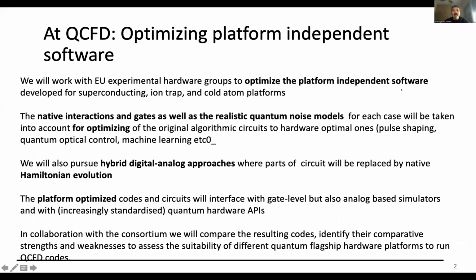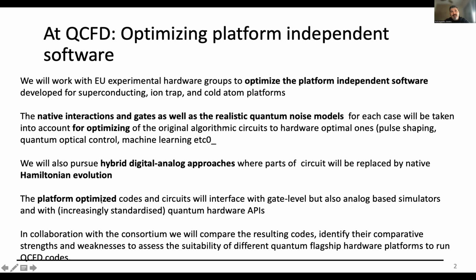So what we're going to do at QCFD, actually, the previous talk by Felix is very much aligned with what we'll be doing as well. Probably we'll split it in terms of platforms, and I guess we can share approaches. We'll do a little bit more on what I call the Hamiltonian or the hybrid analog digital approach.